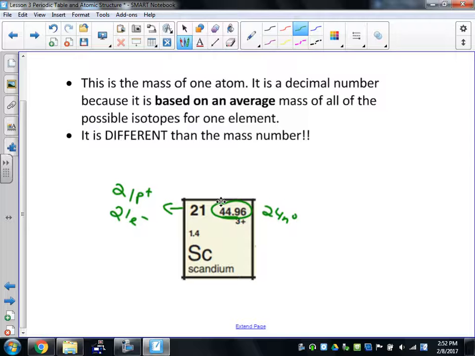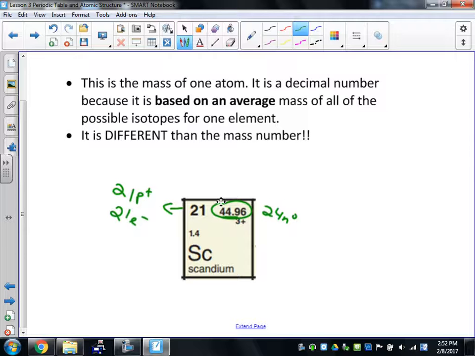So what's going on? Because there's no such thing, guys, as 23.96 neutrons. You can't have 0.96 of a neutron. The neutron is the smallest subatomic particle. They come in wholes.